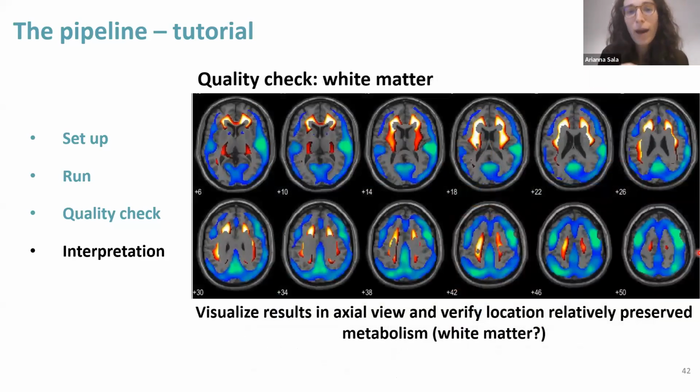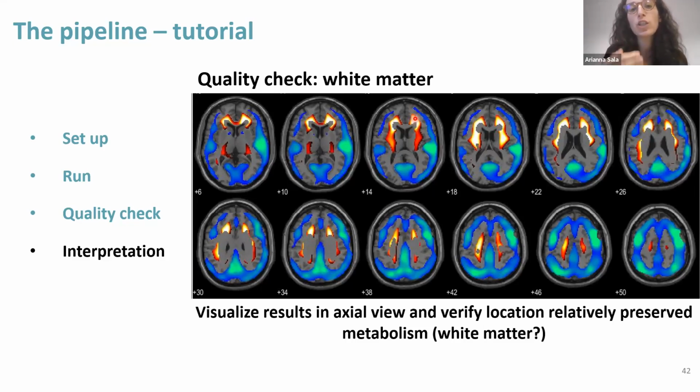Finally, the white matter. So what happens is that when we do our comparison, in patients that have a very huge decrease in glucose metabolism at the level of gray matter, we might see some effects with relatively preserved glucose metabolism in the level of white matter.